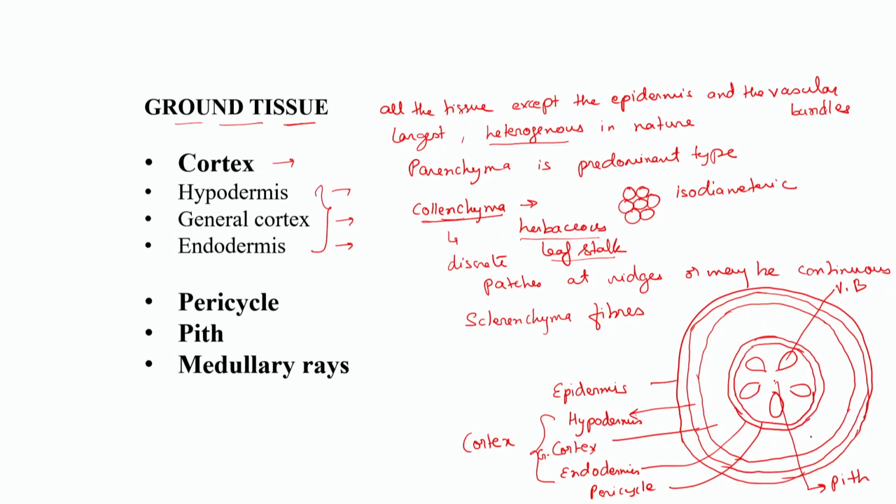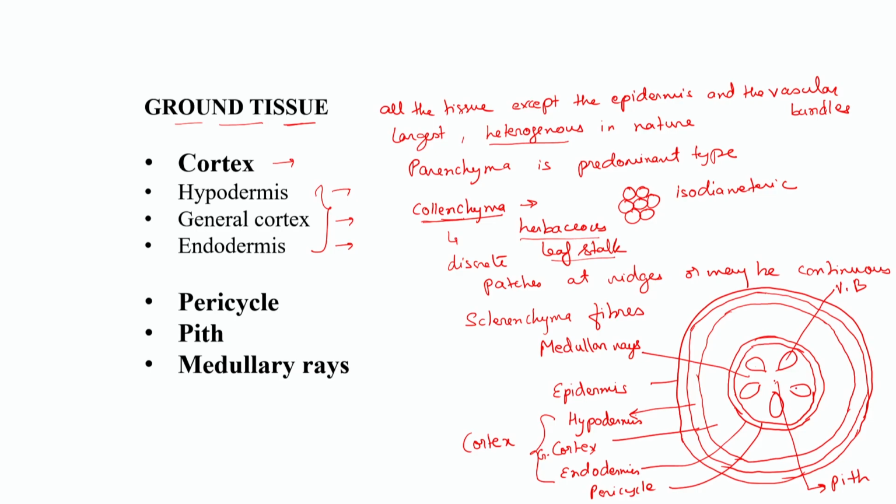But these are the different parts, and along with that you will have medullary rays also. So medullary rays will be in between vascular bundles. They will also be a special type of arrangement of cells that will be found in the central cylinder.